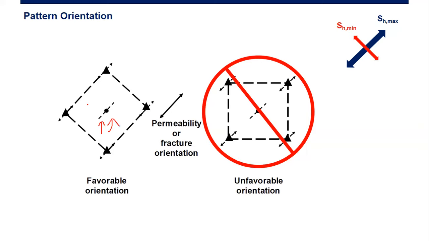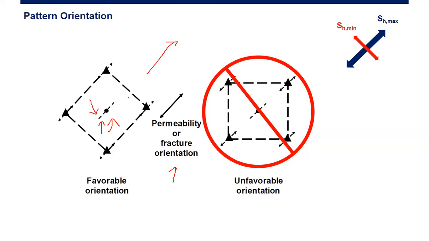This is a symbol of fracture. So the injector is fractured, and here we can see the note permeability or fracture orientation. The fracture orientation aligns to these directions or follows this direction.